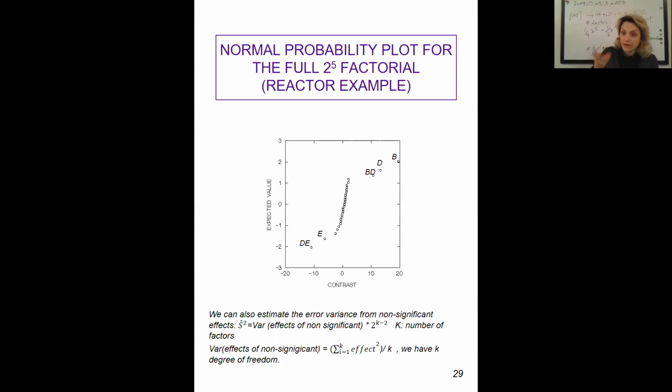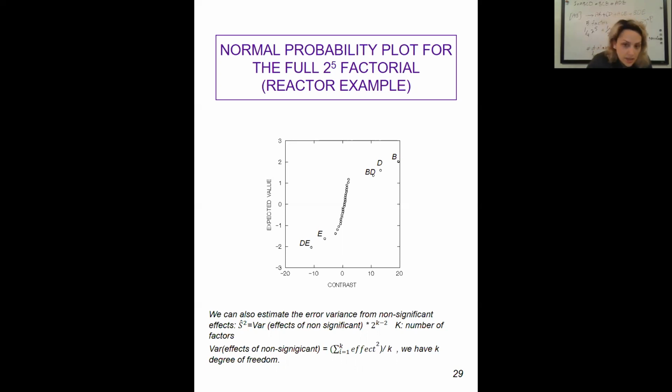We have different options. We could have a replication and get the pure error from the replication, and then we say that if there is no lack of fit, our error variance is equal to the pure error, like the ones we had in chapter 6. Or we can have center points, and find the pure error and the variance of the error, or we would pool the variance, right?